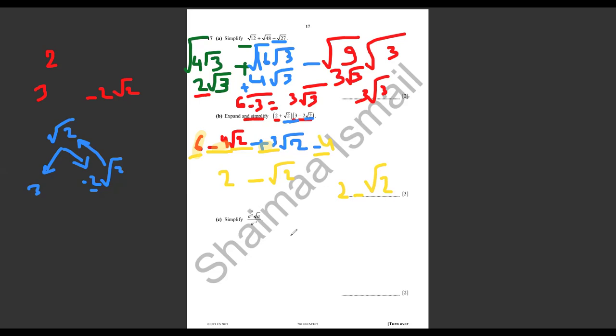Then we need to simplify here. Here we have a all to the power 3 over 2 root a. Then we have to change this root 2 to power half, so make it multiplying a power half.